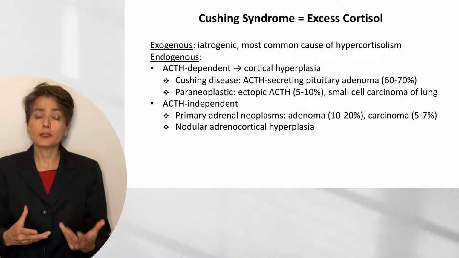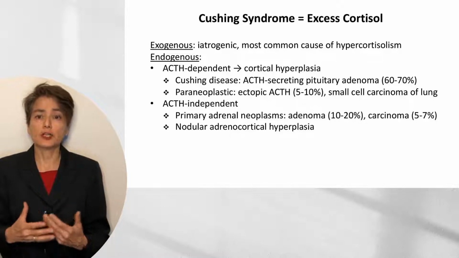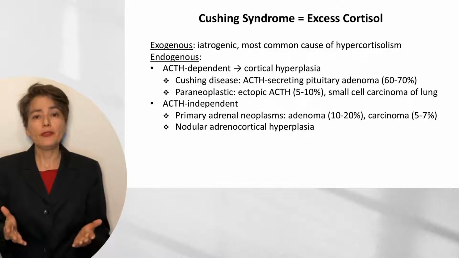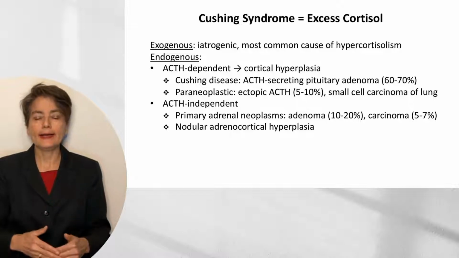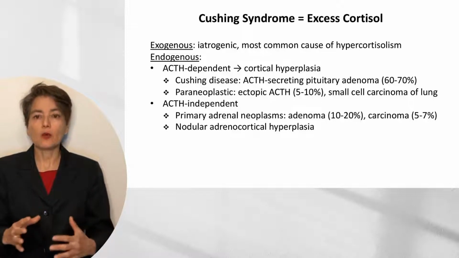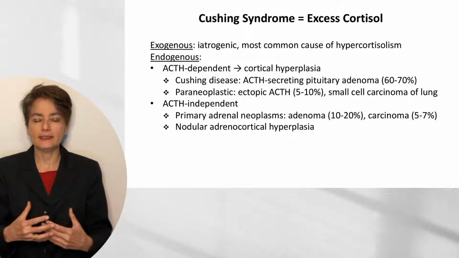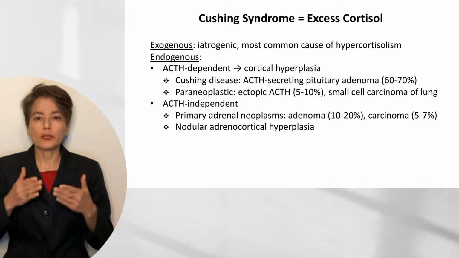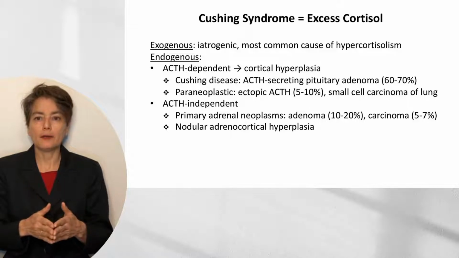Now, there are, of course, endogenous causes of Cushing's syndrome as well, and we divide these as ACTH-dependent and ACTH-independent. Now, the ACTH-dependent ones are ones in which you have excess ACTH in the body, which is going to drive the adrenal gland to cortical hyperplasia.